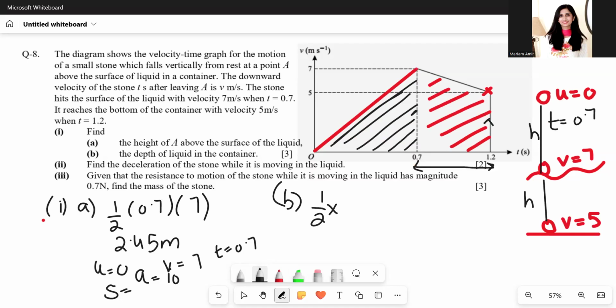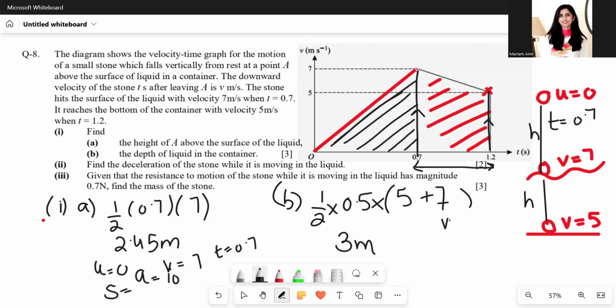These two are the parallel sides, and the height would be 1.2 minus 0.7, which is 0.5. So half times height times sum of parallel sides. This is one of the parallel sides, 5, and this is the other parallel side, 7, which gives us 3 meters.